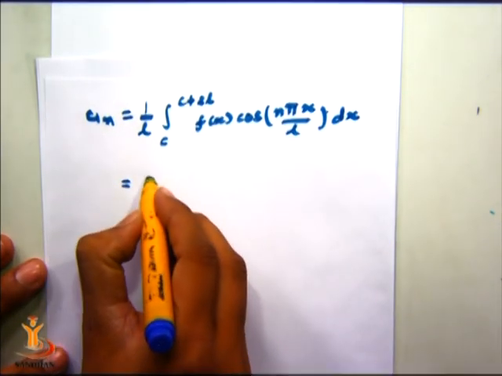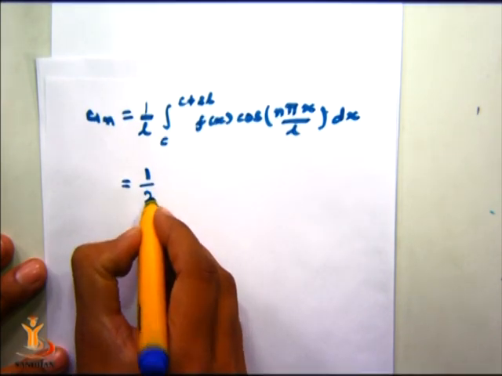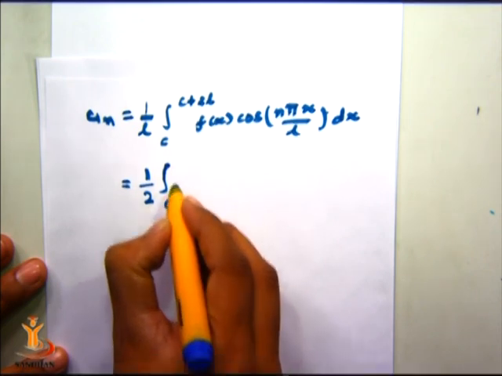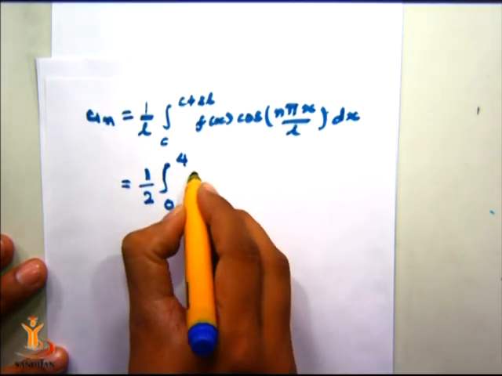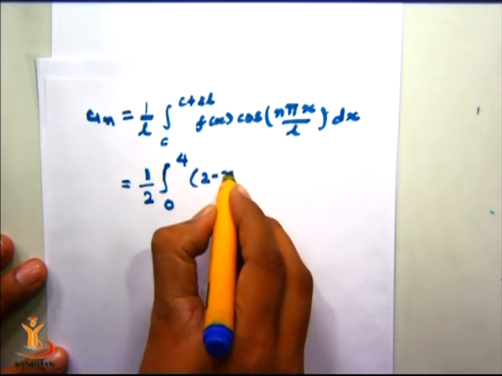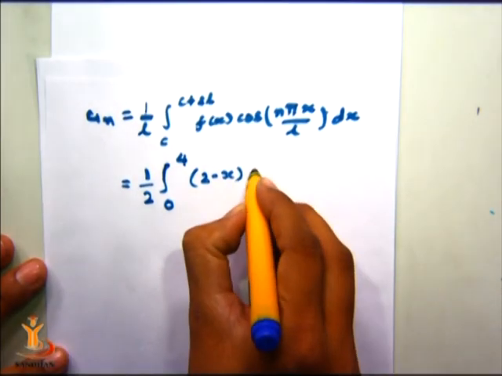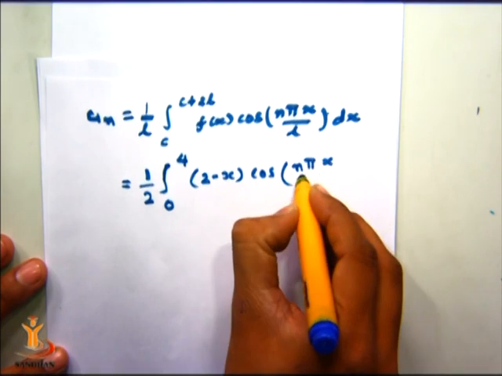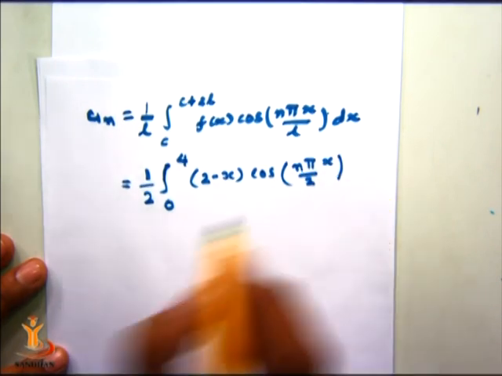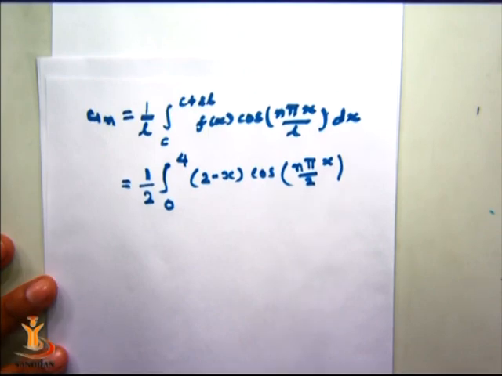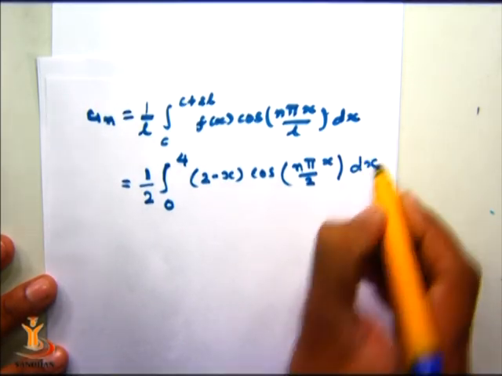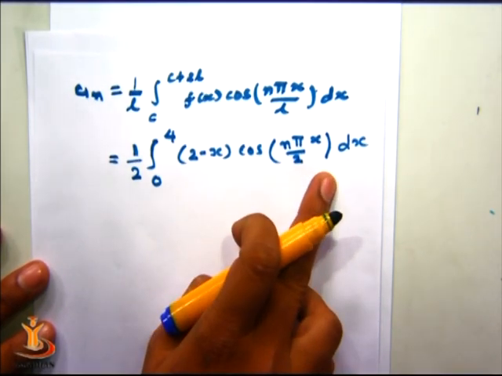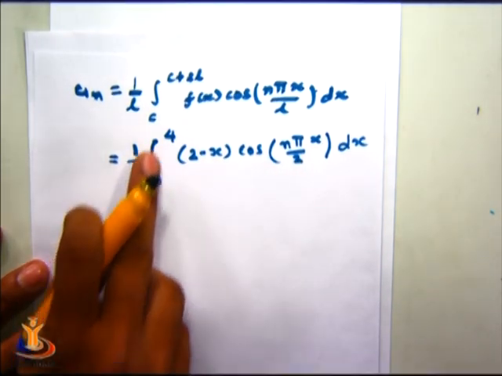That is the same as 1 by 2 integration from 0 to 4. The function is given as 2 minus x. The value of L is 2, so it is cos n pi by 2 into x dx, for this integration from 0 to 4.